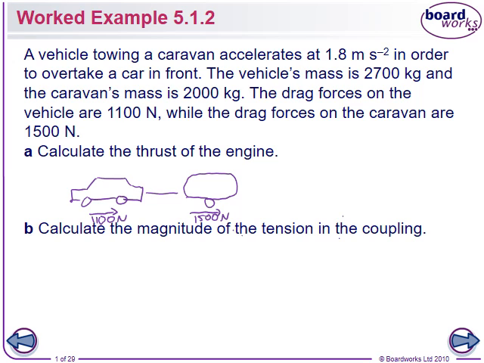The caravan's mass is 2,000 kilograms, and the vehicle's mass is 2,700. Sorry, this is small. Hopefully you can read that. What else have we got? We've got an acceleration of 1.8 meters per second squared. And so we want to know the thrust of the engine.